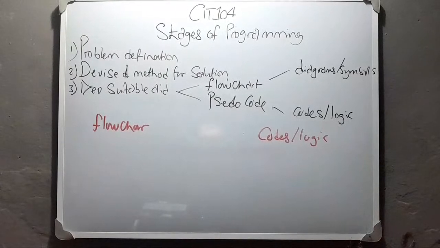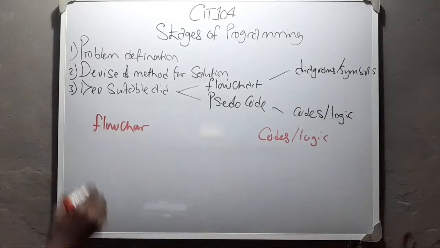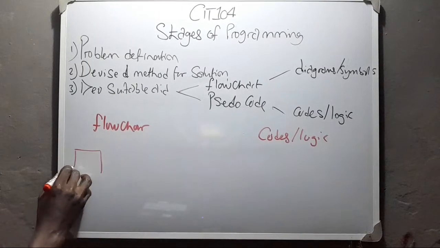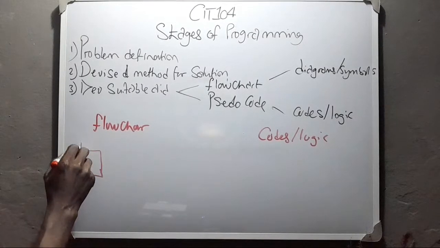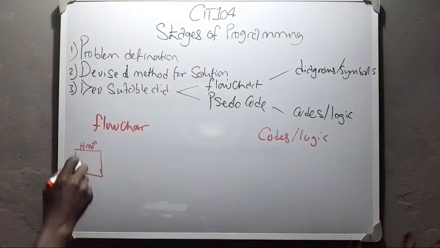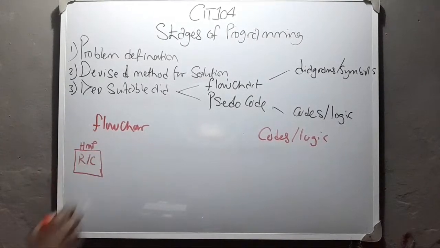Now you want to create an app, a recipe app. Let's have this box as the home page, and we have recipe. It is expected that there was a link, a hyperlink.